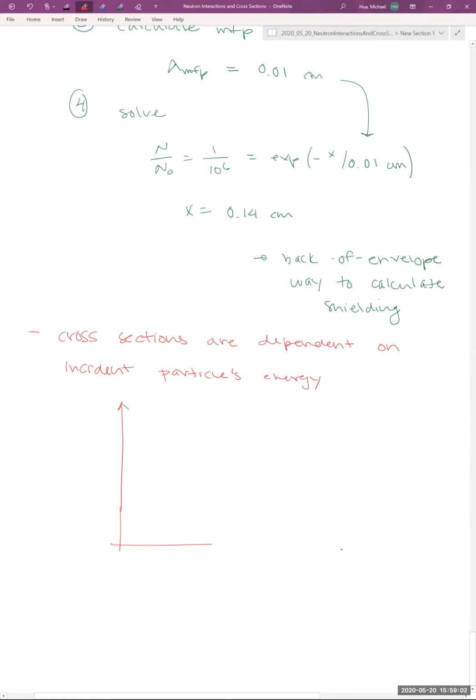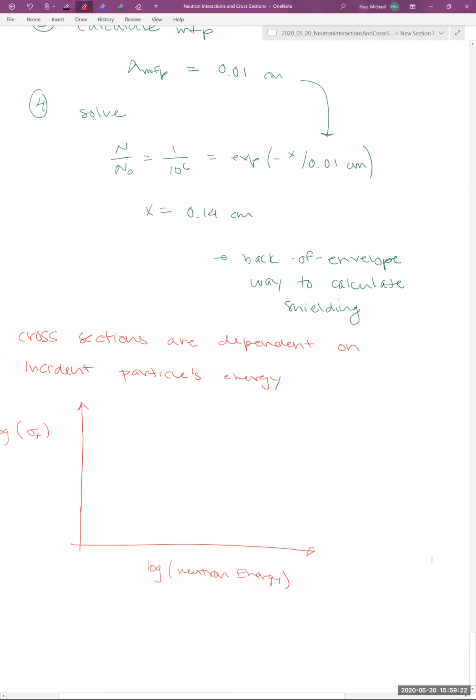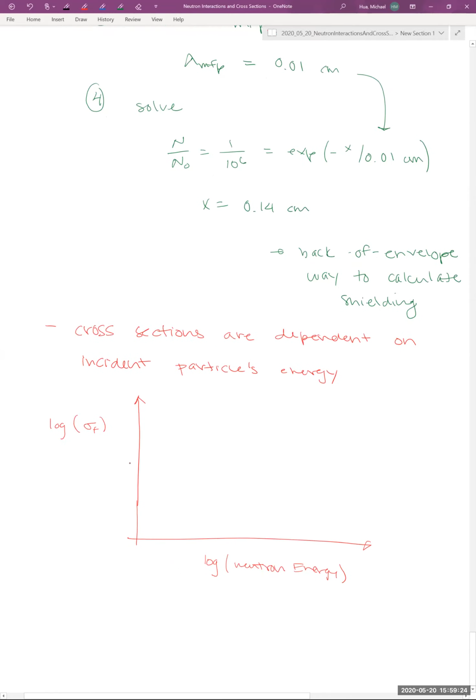So if I were to plot this, I'm going to put this in a log-log plot. So if I look at energy and I look at the cross section, then it's not a straight line. So it's not the same as a function of energy.